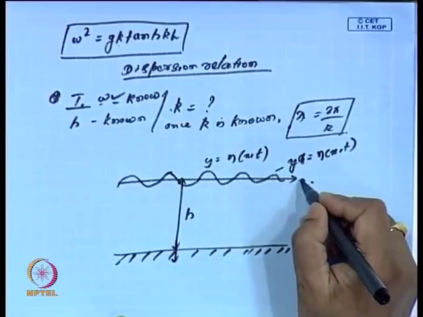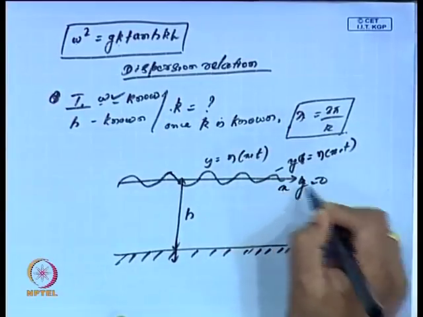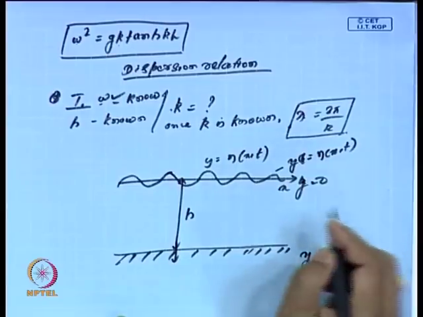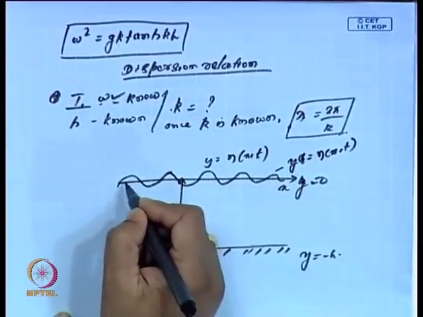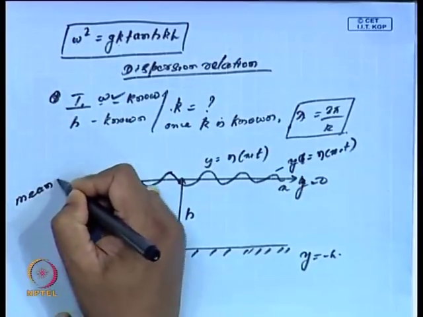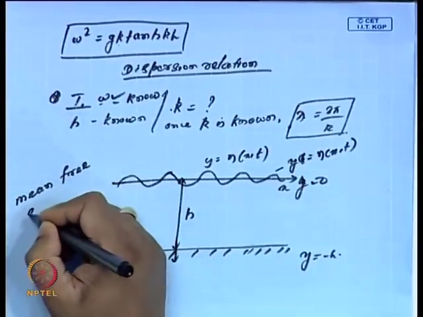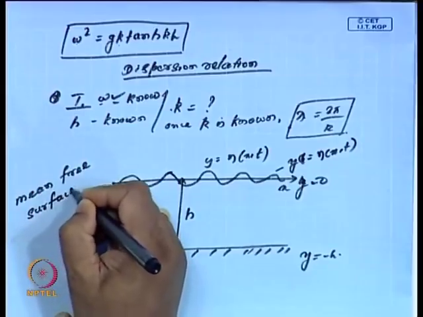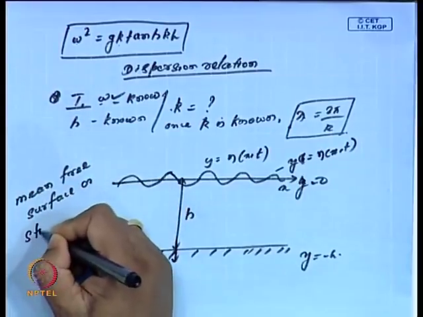This x axis is nothing but the line y is equal to 0, and this line is called the mean free surface, or still water level.